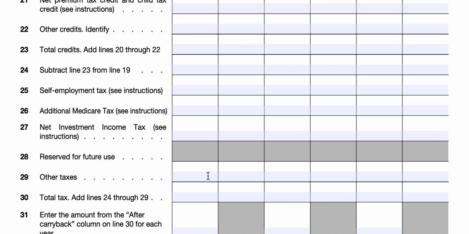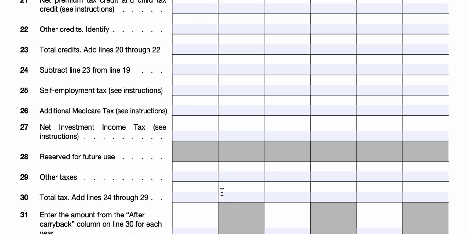In line 29, you would have to go back to your tax return to see what other taxes for that year were not previously mentioned but might apply. So these could be recapture taxes, taxes on IRAs, things of that nature. If you make an entry on this line, then you need to identify the type of taxes that apply.